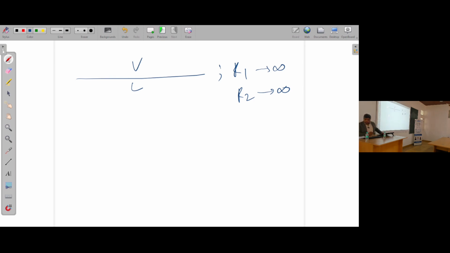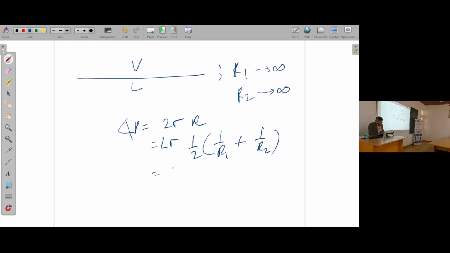Looking at the Young-Laplace equation, delta P is 2 sigma kappa, so 2 sigma times half of 1 over R1 plus 1 over R2. You will get delta P is 0. That means P liquid is equal to P gas. That is when you have a flat interface.